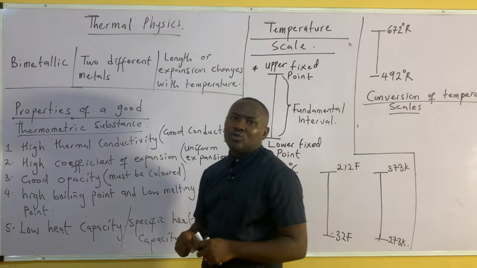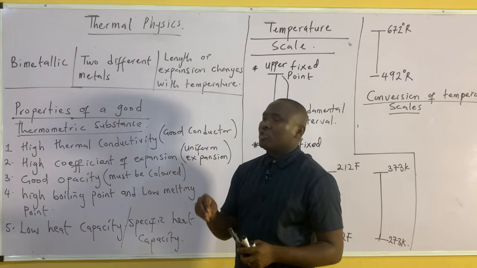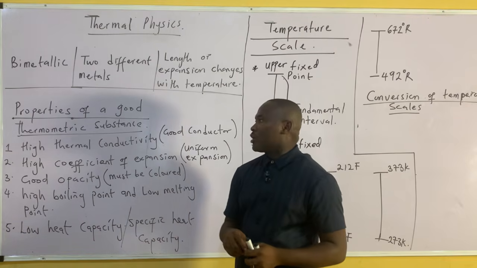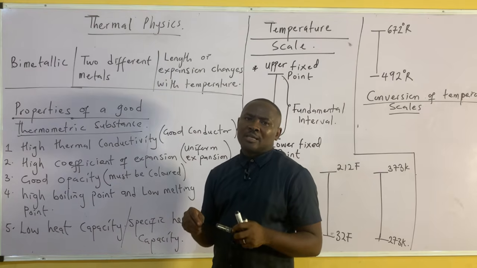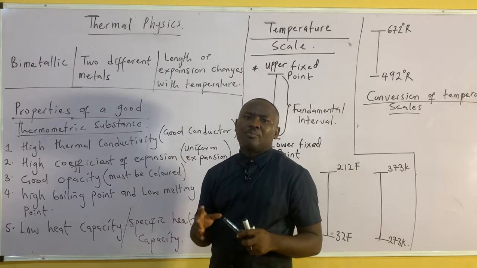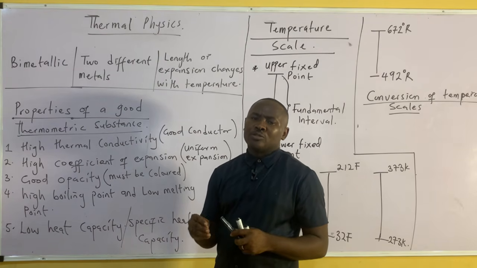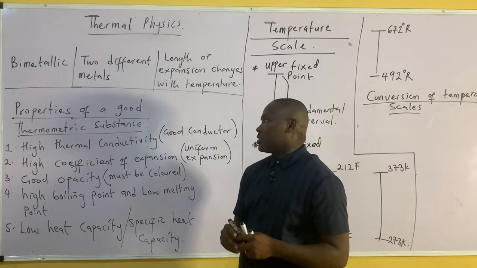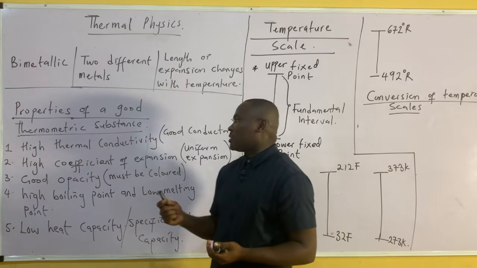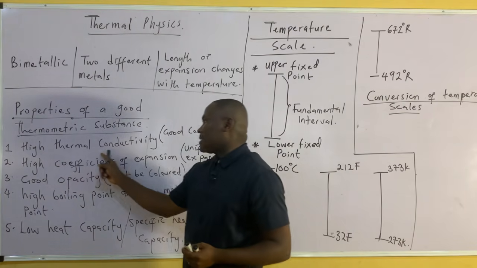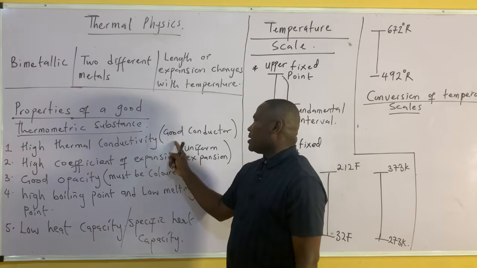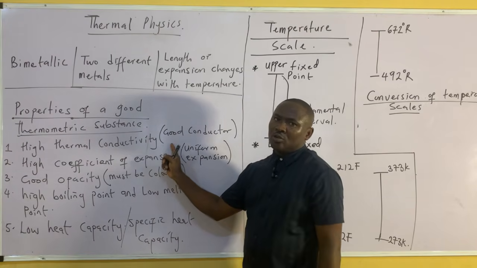Now remember I told you about the substance in a thermometer that we call the thermometric substance. This substance must have particular properties that make it suitable. Now, what are these properties? One, it will have a high thermal conductivity, meaning it is a good conductor of heat.